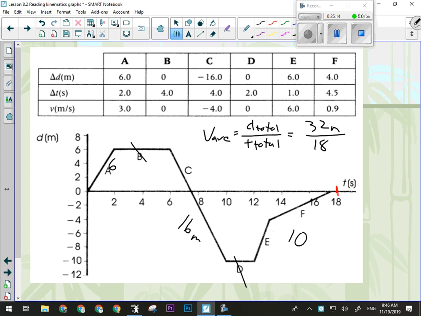Basically this is what's happening on this graph. If I start right here, I walk forward 6 meters, and then I walk backwards. I can't walk backwards 60 meters because I have to walk through the wall to do that. So I go back to here, and then in parts E and F, I go a little bit slower.